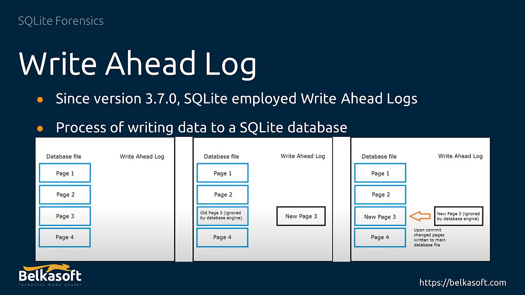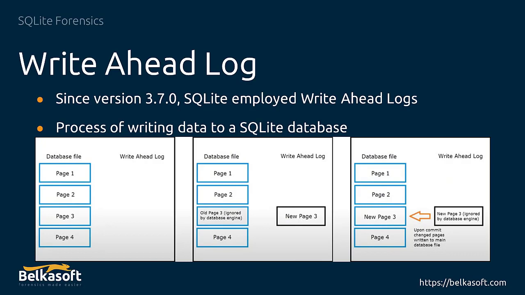Looking at the picture on our slide, we can see that we start with those same 4 pages and the write-ahead log is empty. At the second stage, we see a new page that goes into the database file, and instead of going directly to the main database where old page 3 is stored, it goes to the write-ahead log.